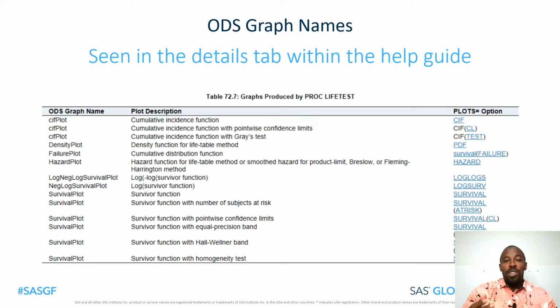Similar to the method used for ODS table names, you can select the ODS graph names link in the details tab to find all the ODS graph object names. These are the ODS graph names available to the lifetest procedure. And you can see that we use survival plot here, and that's what we're going to use in our example.